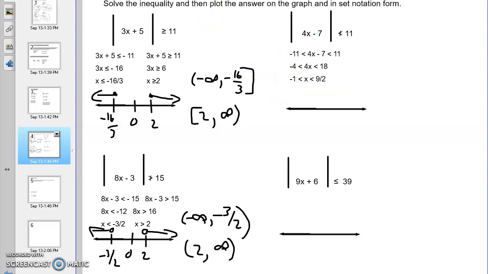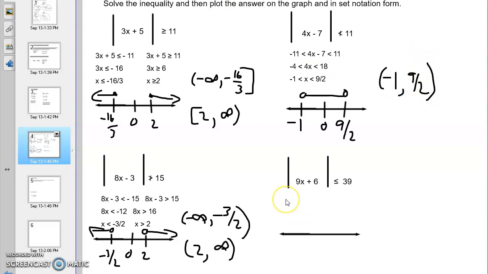And that graphing goes a little quicker because you're just putting it between two numbers. So we get negative 1 over here, 0, and our 9 halves. Since it's a less than sign, the dots are open. And now it's parentheses because it's a less than sign. Negative 1, 9 halves.